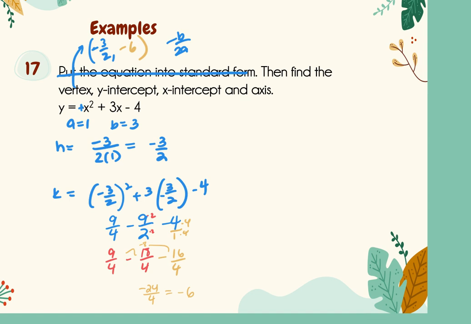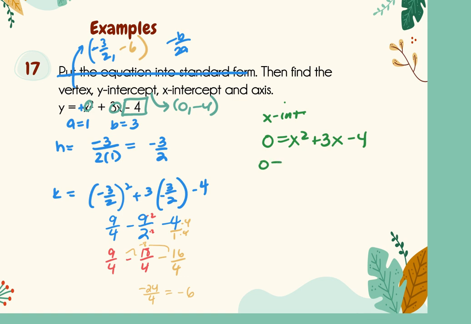Now the y-intercept, this would be 0 and this would be 0. It's just the c, which is negative 4. And the x-intercepts, I'm going to make y 0. And this time there are factors of negative 4 that sum to positive 3, so I'm going to factor this.